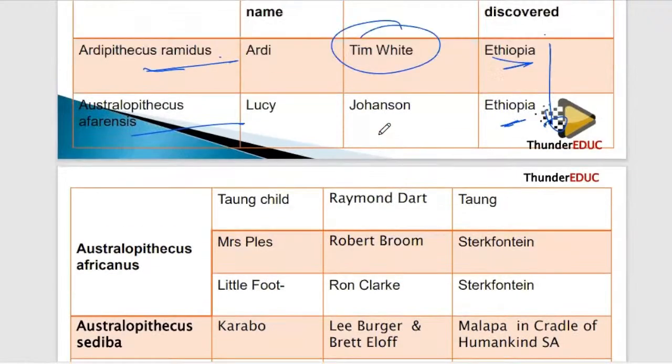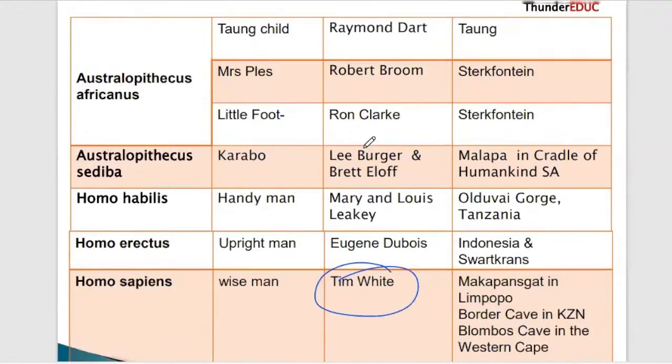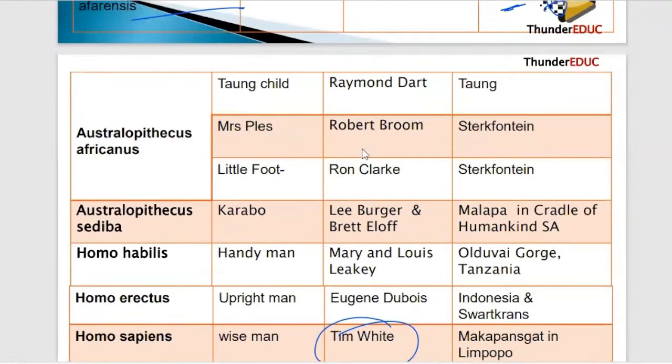Number 2, now you have three Australopithecus africanus specimens. All of those who discovered them start with R: Raymond Dart, Robert Broom, and Ron Clarke. All of them are starting with R. Is it clear?